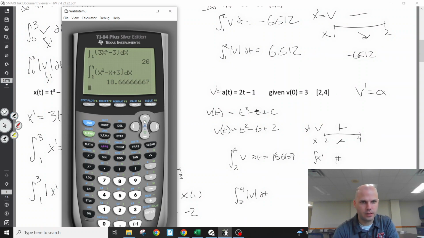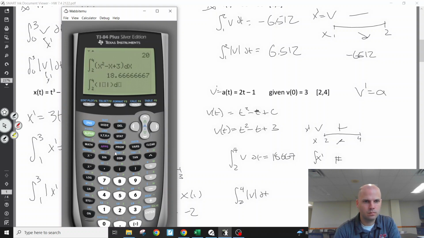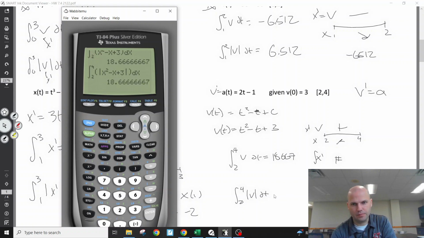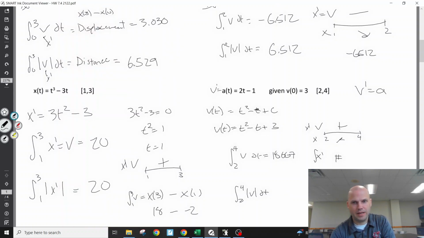Classic mistake. Can't tell which way is faster. Yep. Okay, so here, my distance and my displacement are the same.